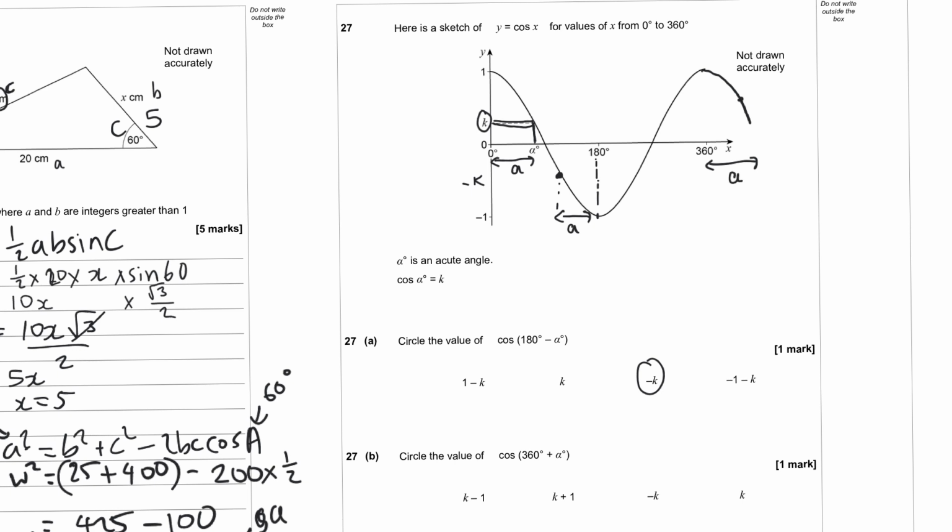Remember with the cosine and sine graphs, after you've reached that 360 cycle, it's just going to be there, so those are going to be your points. So really and truly, it's still going to be a value of K, even if you do 360 plus A.